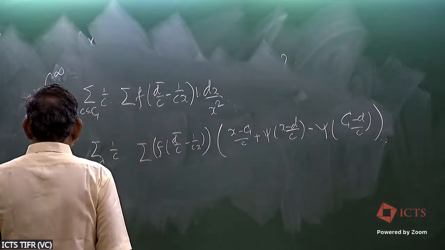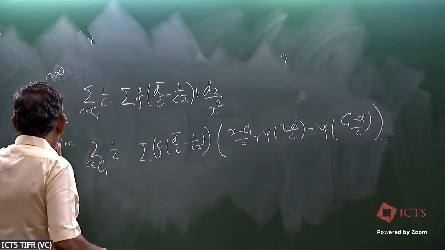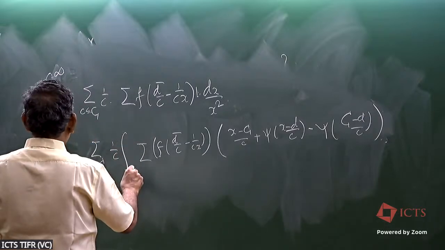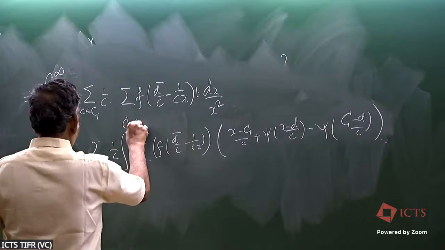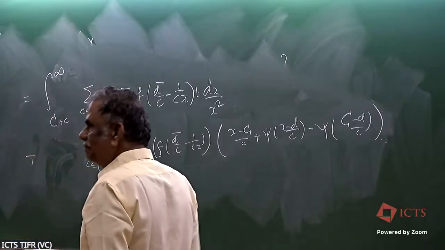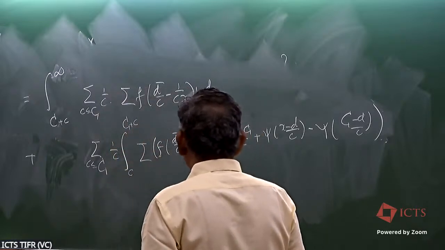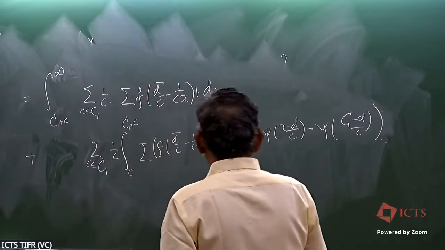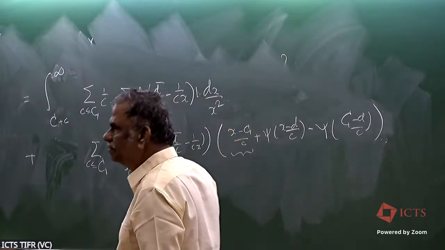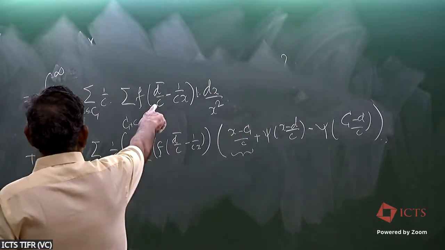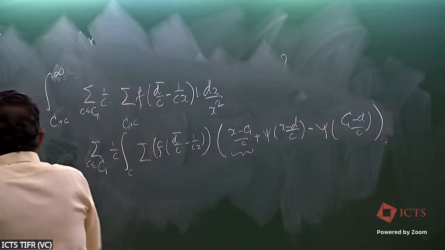Okay, capital C to capital C plus C. Therefore, in this particular part, there is a main term which is (x minus C) by c, and in that particular part, there is a 1. There's a minimum 1 also.